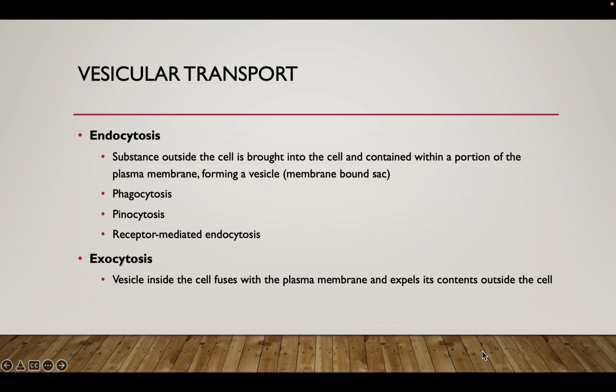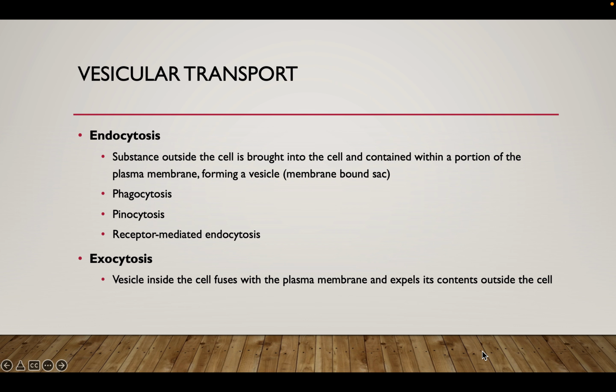Pinocytosis is this idea of cell drinking, so bringing in water, bringing in fluid from the extracellular space to the intracellular space. And then receptor mediated endocytosis has to do with the plasma membrane being lined with receptors, and then some ligand or some substance or molecule will come and bind to it, and that binding triggers the process of it being endocytosed into the cell. And again, I'll show you a picture that'll make more sense.